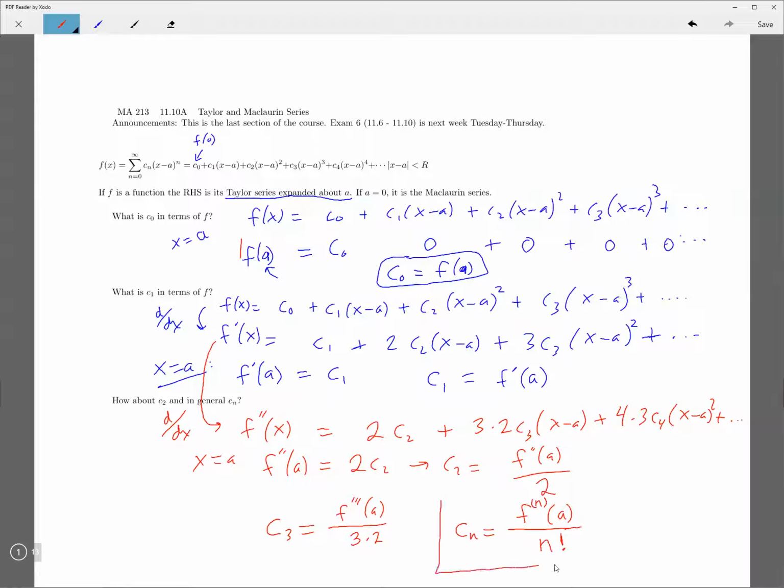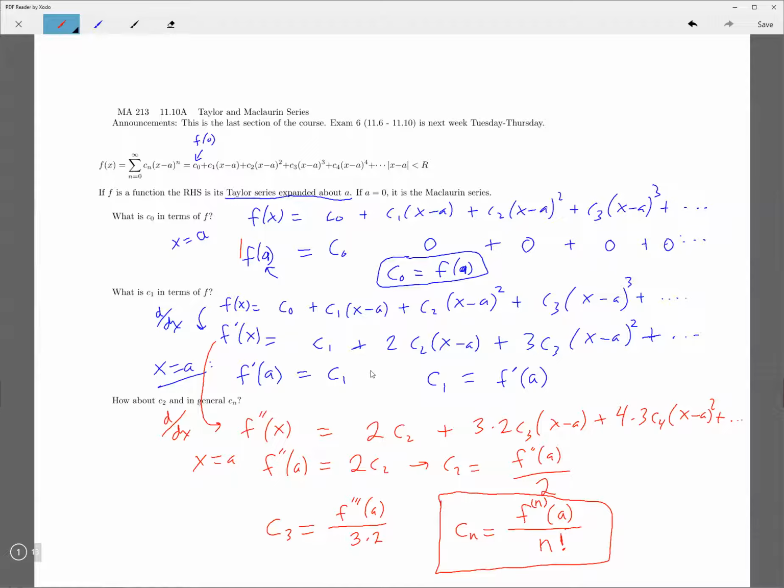Okay, so that right there is one way to find the terms, the way that they're showing us right here: how to find these c sub n's. If you have the function, how to find these terms.